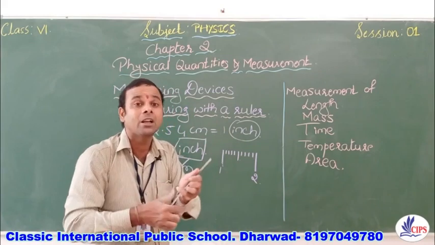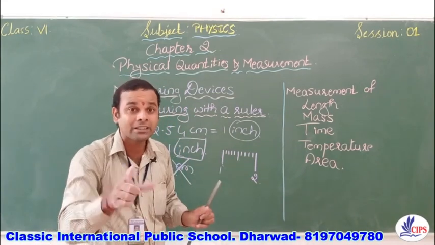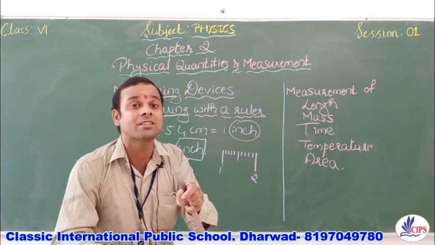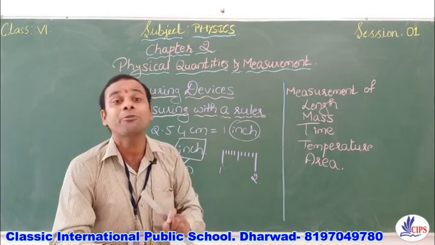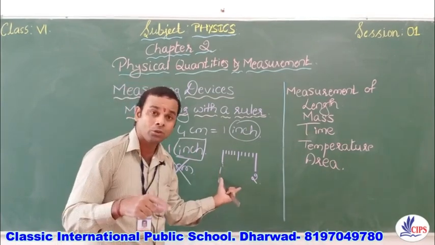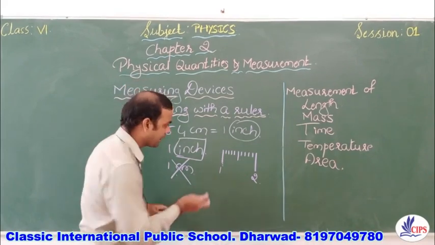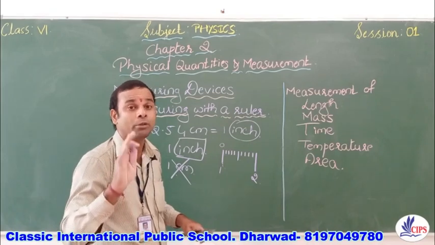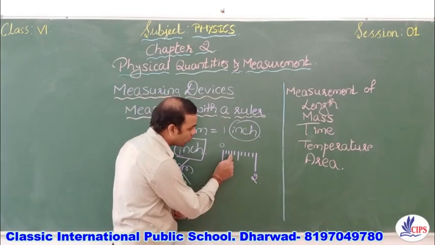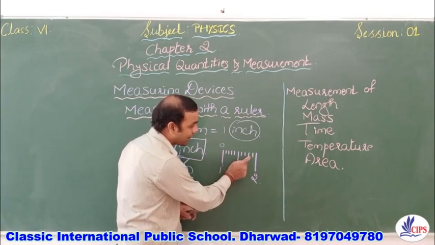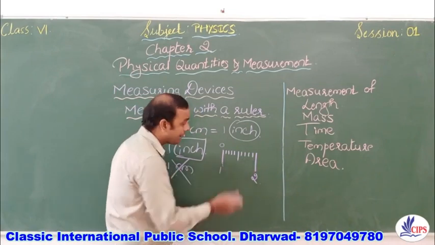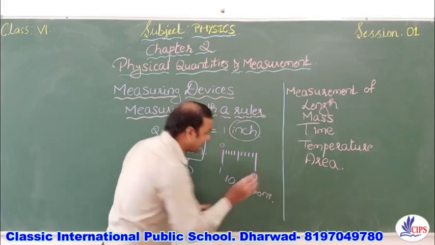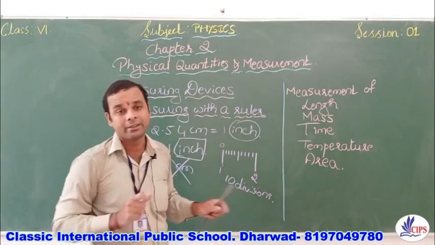So in 1 centimeter we have 11 lines, but you always have to count the number of divisions. The starting point is taken to be 0. Then you count 1, 2, 3, 4, 5, 6, 7, 8, 9 and 10. So there are 10 divisions in 1 centimeter distance.